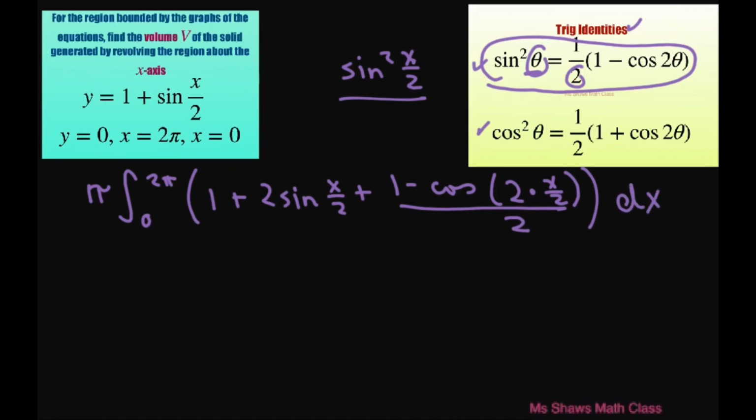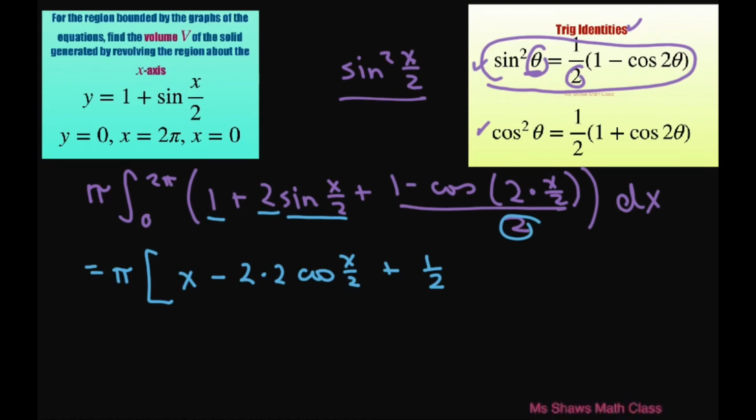All right, so now we can go ahead and integrate this. This is going to equal pi, and for this one, we get x. The antiderivative of 2 sine of x divided by 2 is going to be negative, and we still have the 2, so it's times 2, because this is 1/2 here, cosine of x divided by 2. And this one right here is going to be plus 1/2.